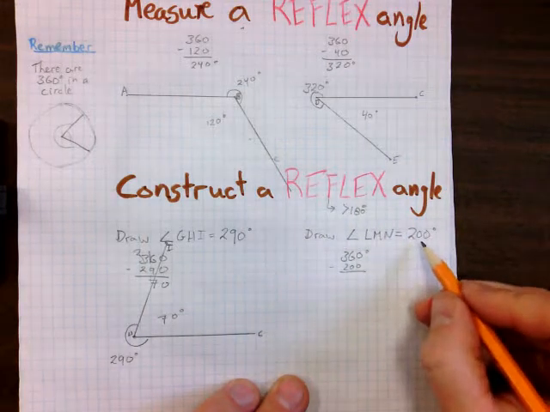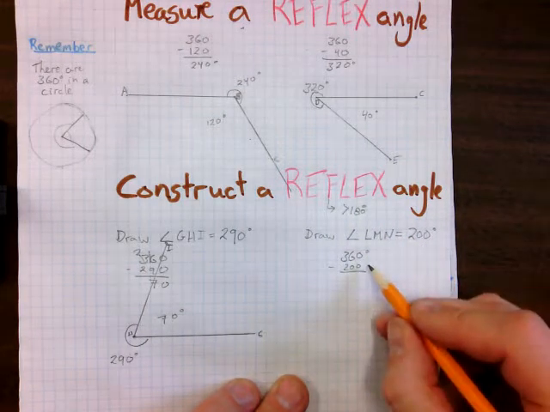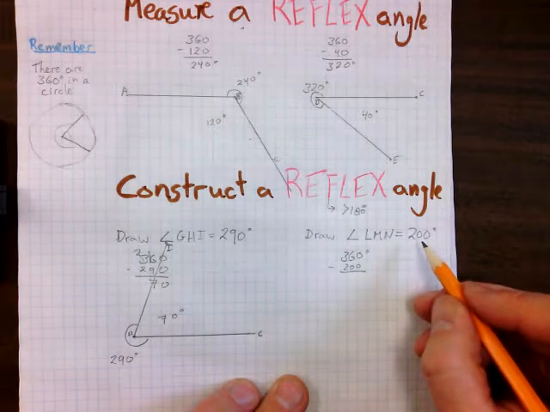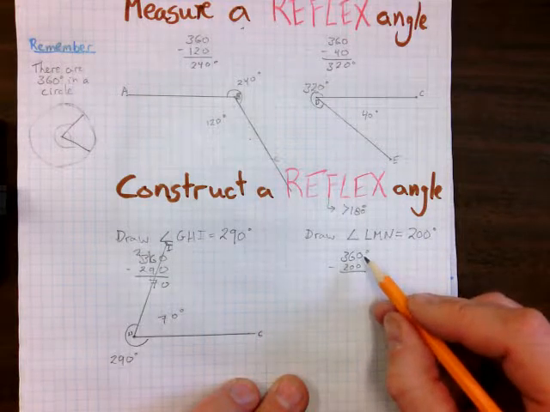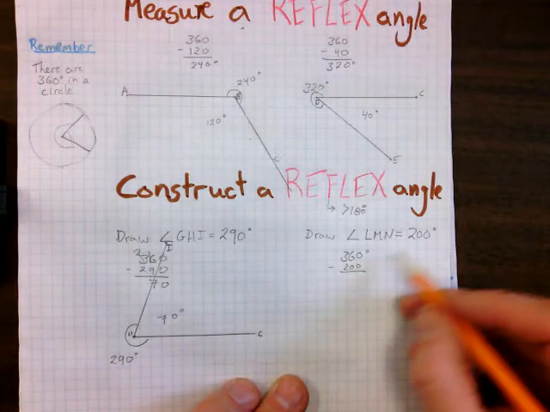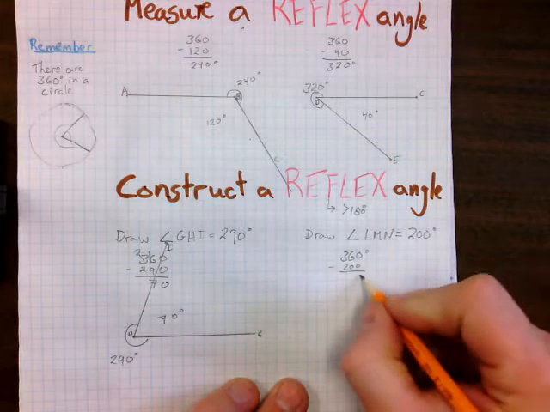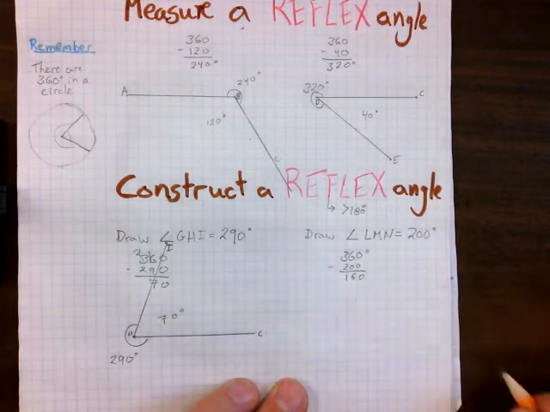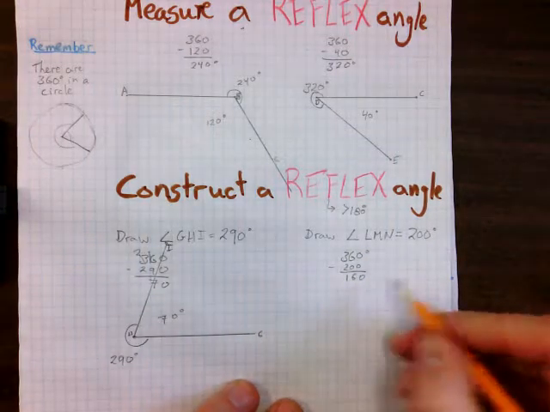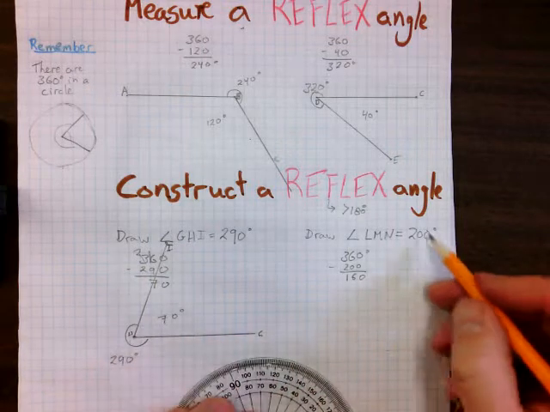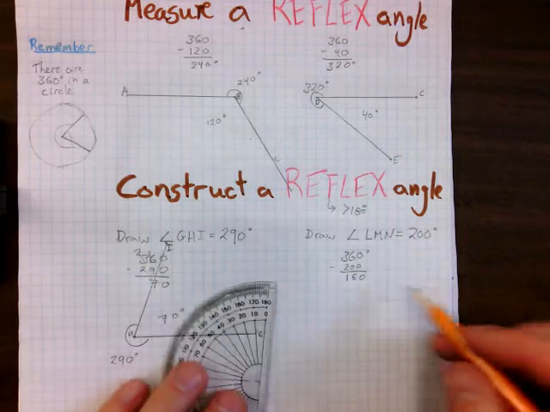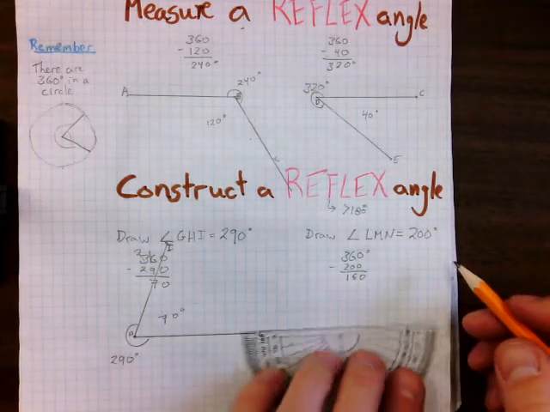If this angle is less than 180, I don't do this subtraction. But because this angle is more than 180, I have to do a subtraction from 360. 360 minus 200 equals 160. This will be the angle that I draw, but I will label the outside because we got it from the subtraction. So let's try that.